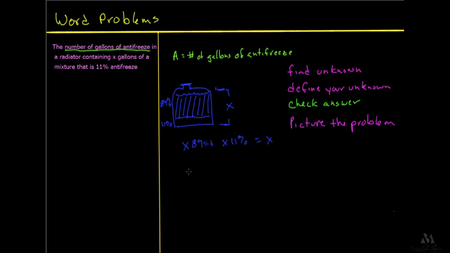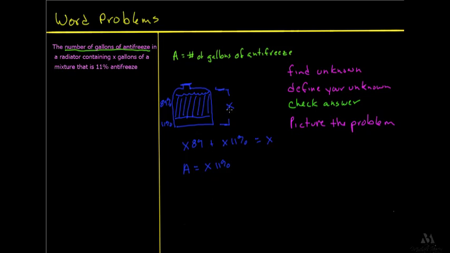We're going to call this A. So A is going to equal our total volume, whatever that X is, right? But it's only going to have 11%. So 11%, or X times 11%. So our gallons of antifreeze in this tank is 11%, and so that's going to give us how many gallons of antifreeze we have.